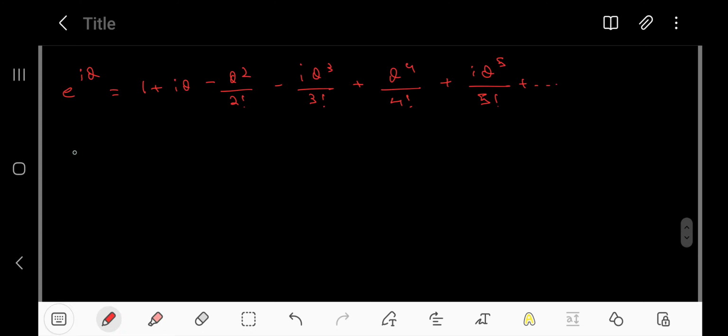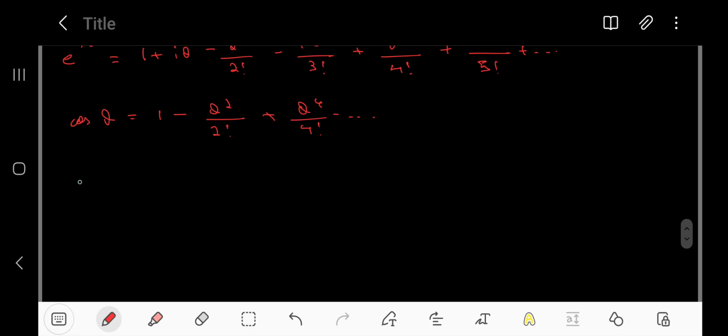Now remember, what should be the expansion of cos theta? This is basically 1 minus theta square by 2 factorial plus theta to the power 4 by 4 factorial, and so on, right? Alternate plus and minuses. And then we have sine theta, it comes out as theta minus theta cube by 3 factorial plus theta to the power 5 by 5 factorial minus, and so on.